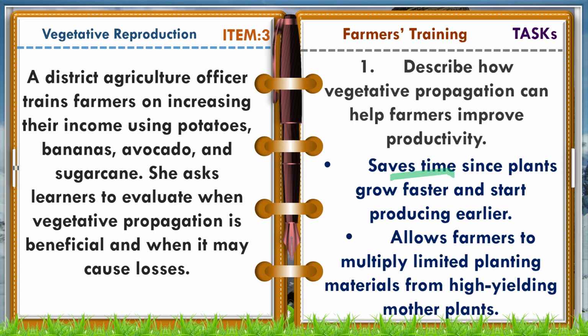They save time since plants grow faster and start producing earlier. They allow farmers to multiply limited planting materials from high-yielding mother plants.